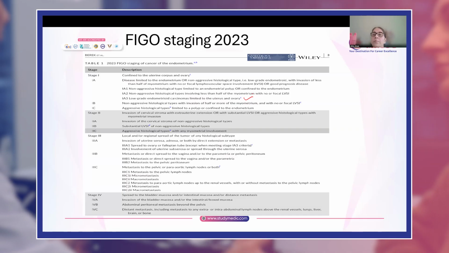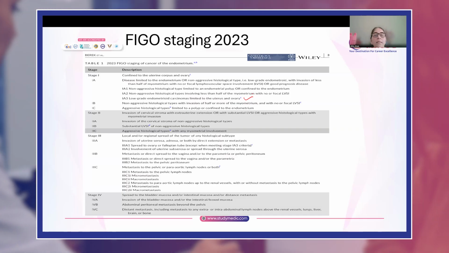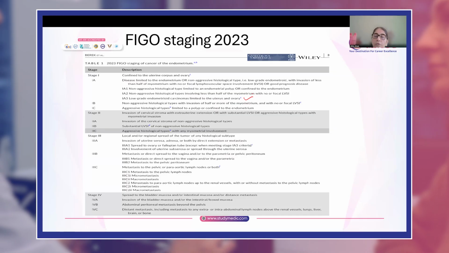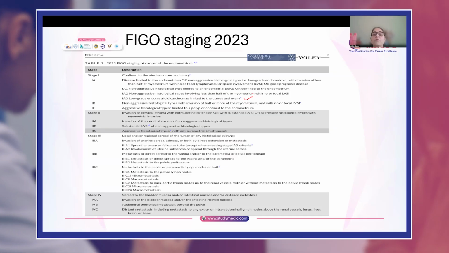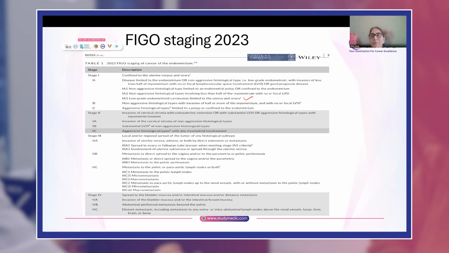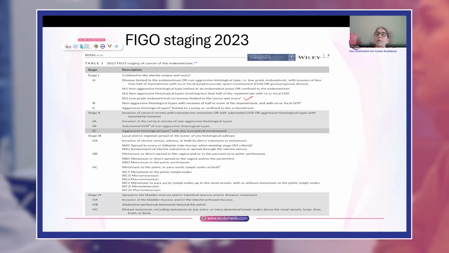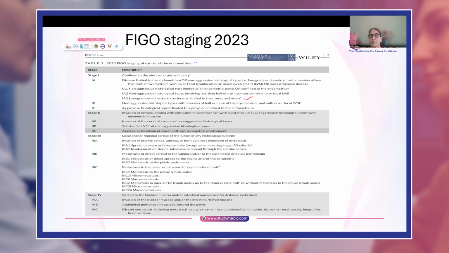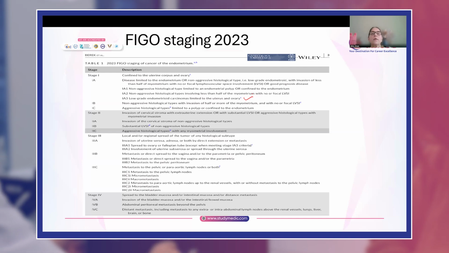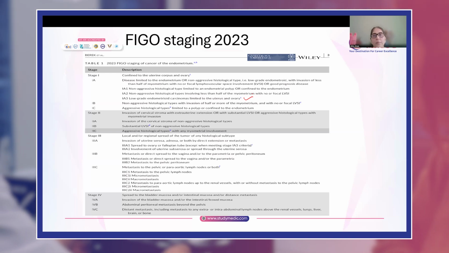Now 1B. Of course, again, non-aggressive histological type with invasion of half or more than half of the myometrium, no focal LVSI. So remember 1B, again, it is confined to the uterus. More than half of the myometrium is involved.